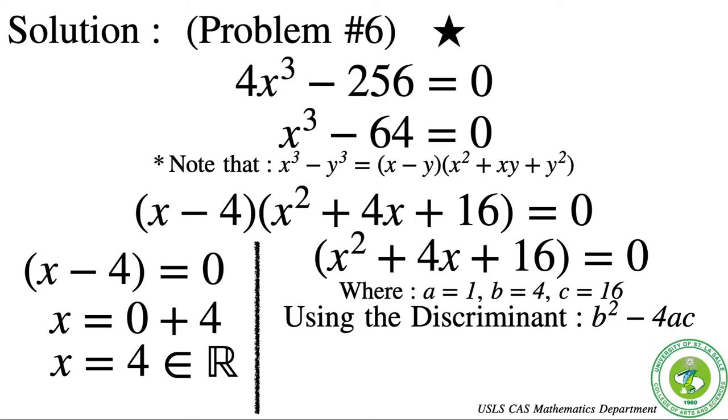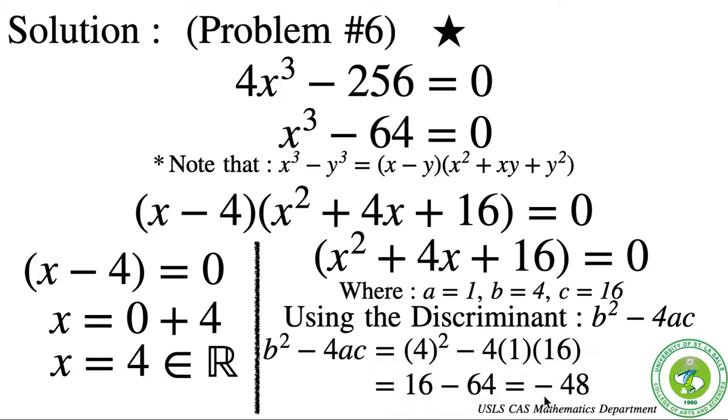So substituting, b squared minus 4ac, b is 4, plug it in. 4 squared is 16, minus 4 times 1 times 16, which is 64. So 16 minus 64 is going to give us negative 48.